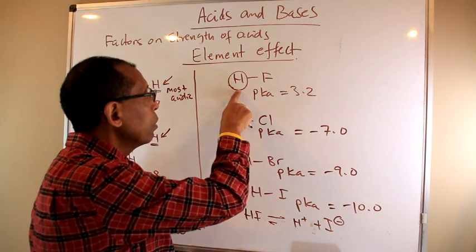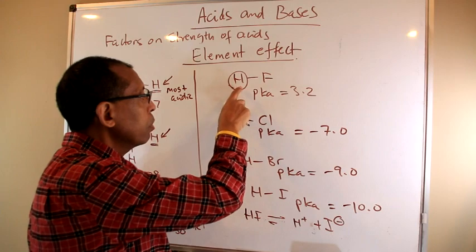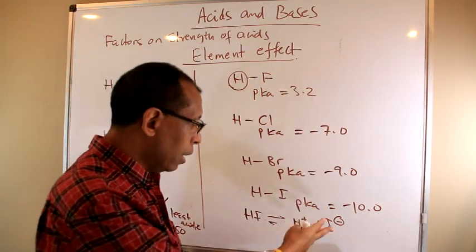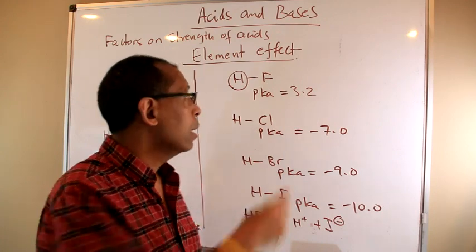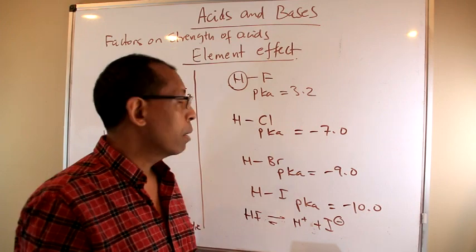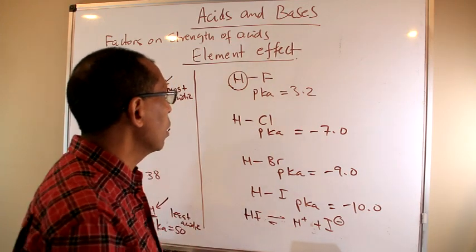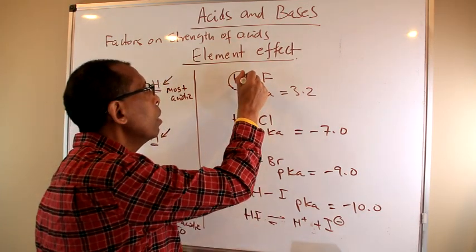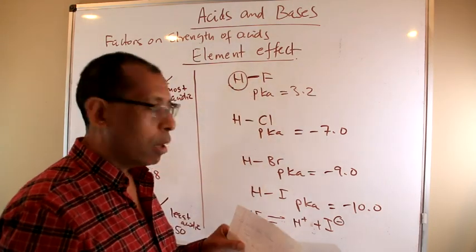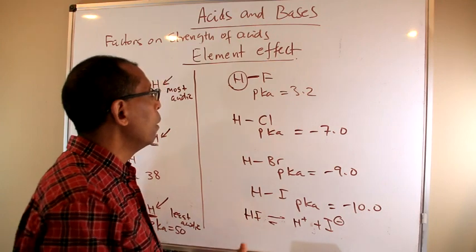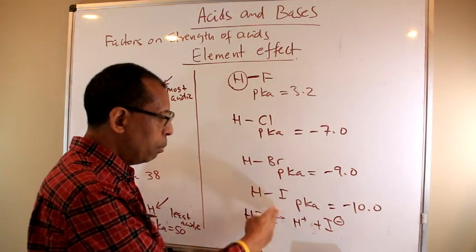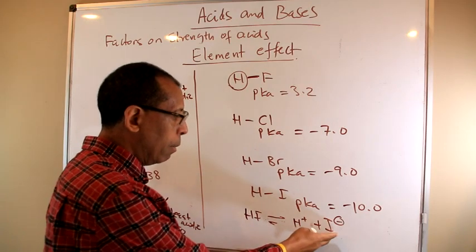For example, the bond strength between hydrogen and fluorine is very high, so it cannot release its hydrogen very easily, and fluorine is very small and doesn't carry the negative charge as easily. So the bond length between hydrogen and fluorine is very small, or shorter. Here it's longer and it can easily break to give you H plus and I minus.